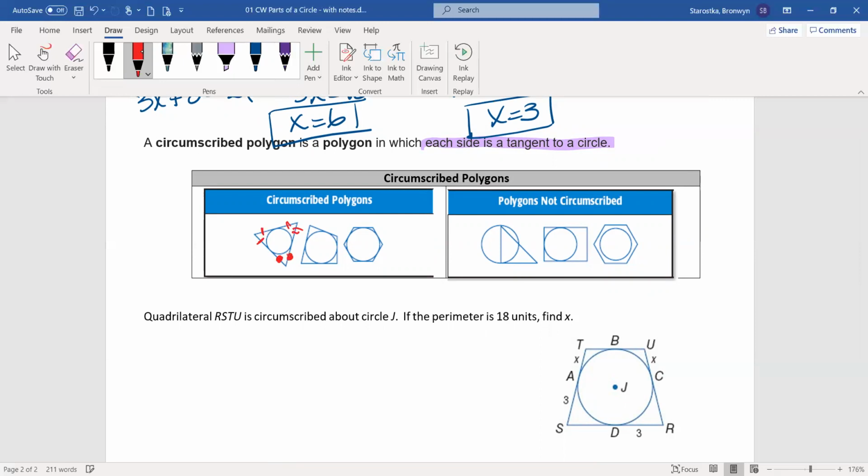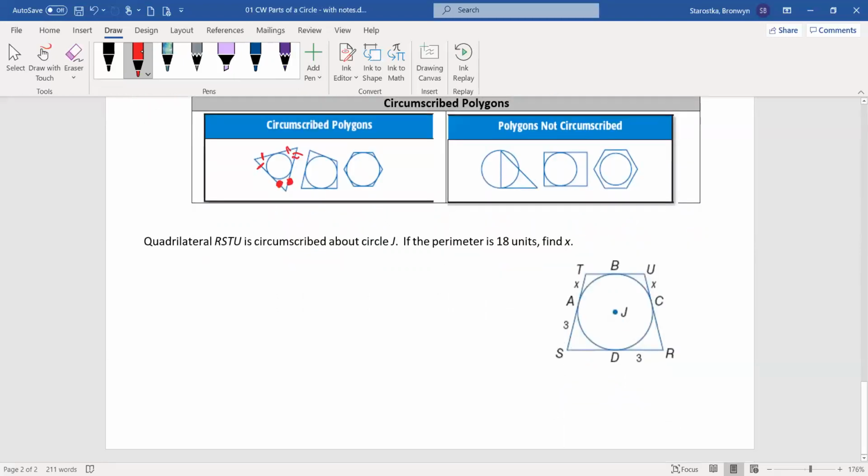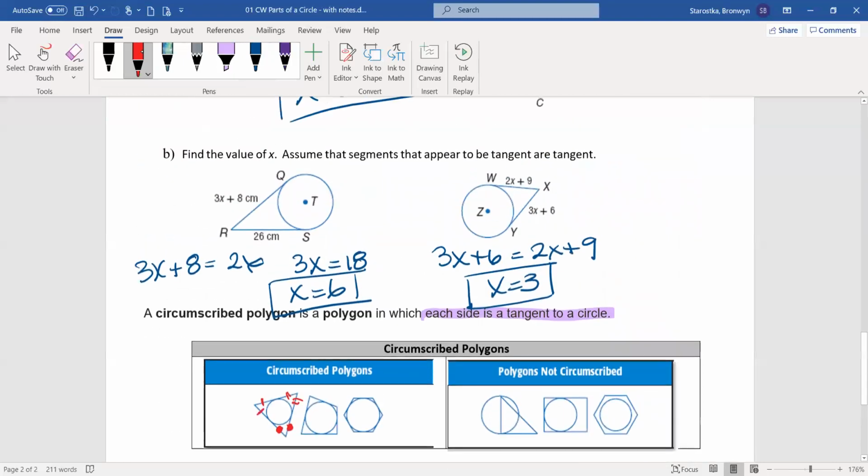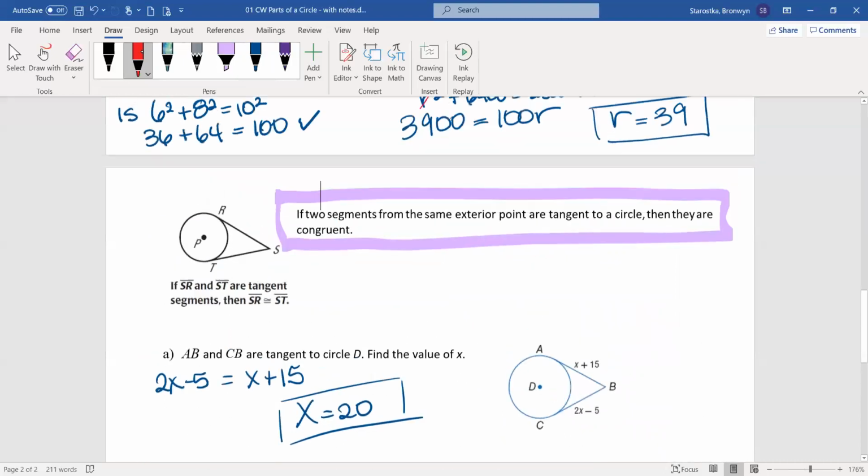And then we have polygons that are not circumscribed. So quadrilateral RSTU is circumscribed about circle J. If the perimeter is already known as 18, let's find X. So just looking up here at BUC, U is that exterior point.